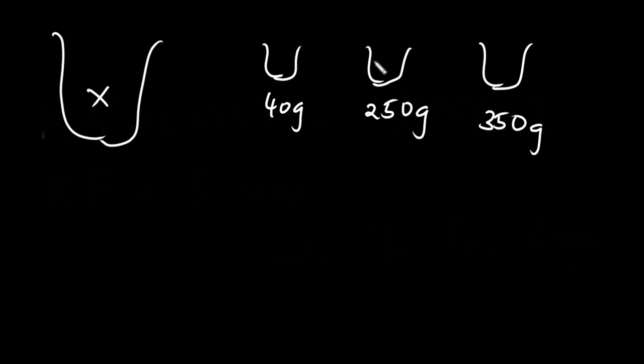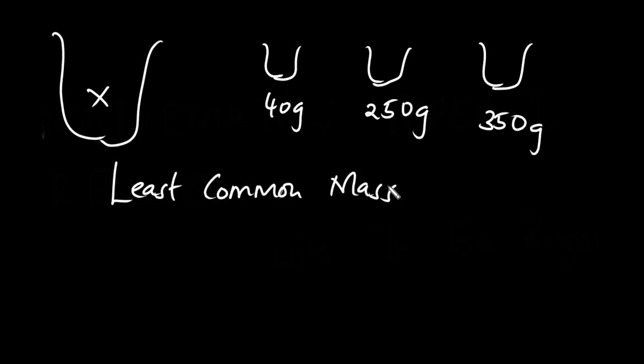Or the retailer can repack into packets of 250 grams and there will still be no tea leaves left in this bag, and the same case for the packets of 350 grams. So in other words, we are required to find the least common mass. The least common mass, that means the LCM, which is also known as the least common multiple.